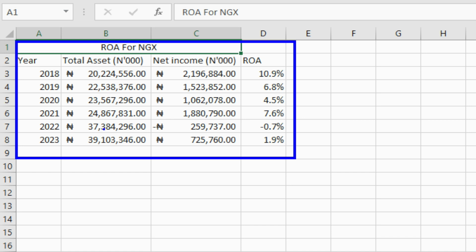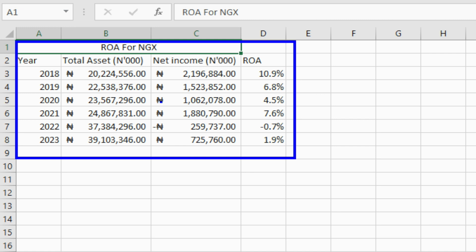The formula is that we divide the net income by the total assets, and we multiply by 100. So that's how that was arrived at.